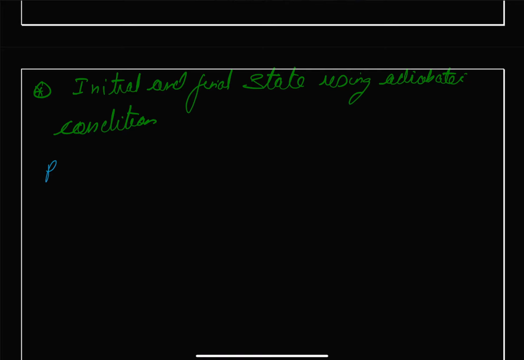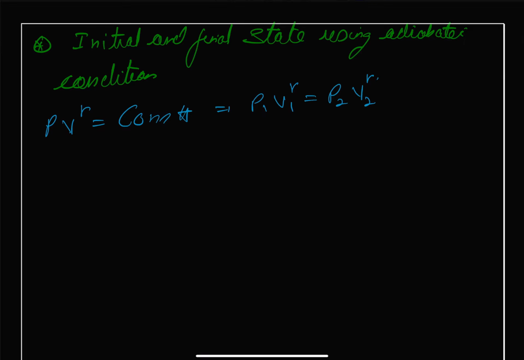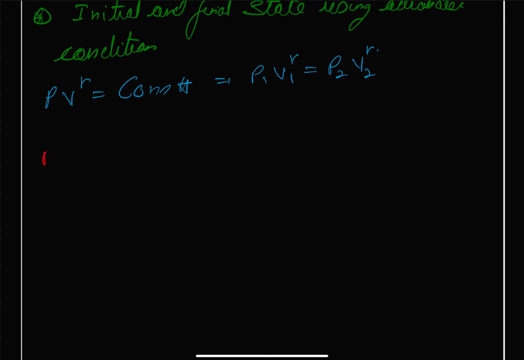We know that P multiplied by V raised to power gamma is equal to constant. From here we can say P1 V1 to the gamma is equal to P2 V2 to the gamma, and we need to find out P2. Therefore P2 will be equal to P1 times V1 upon V2, whole raised to power gamma, and we substitute the values.